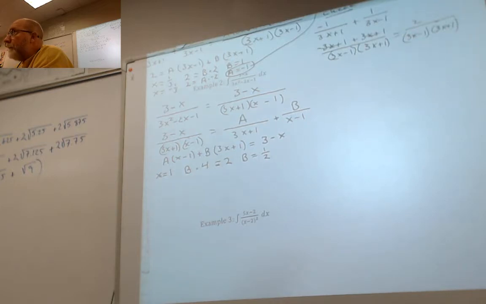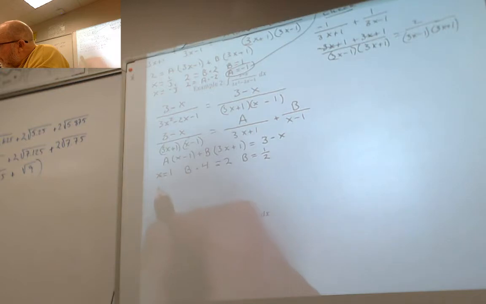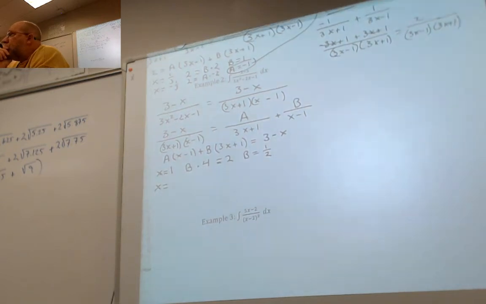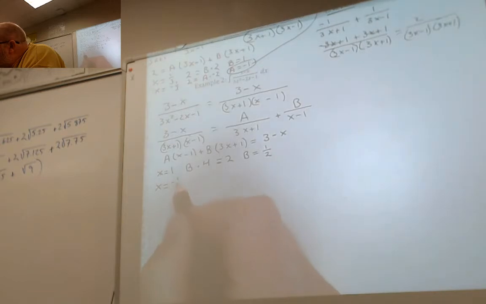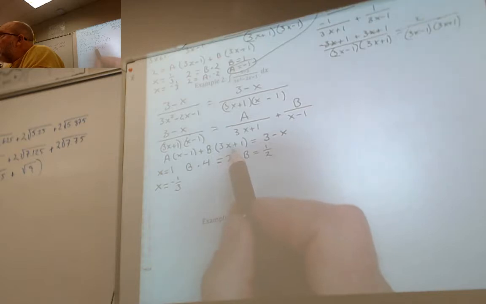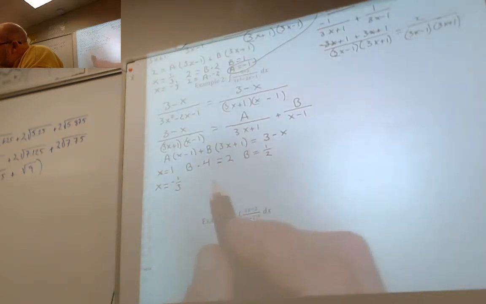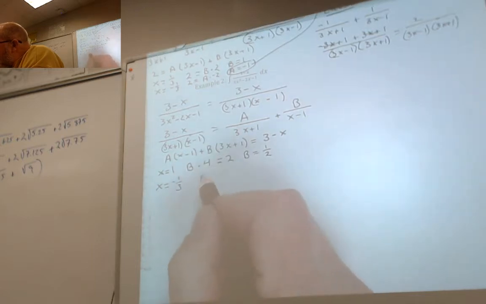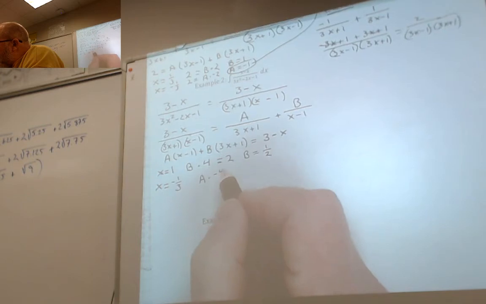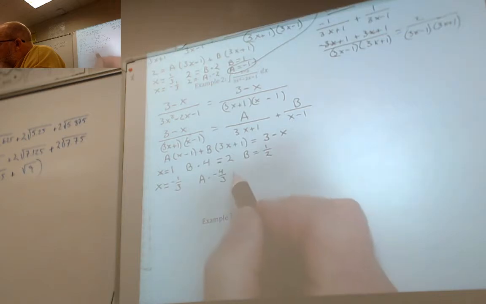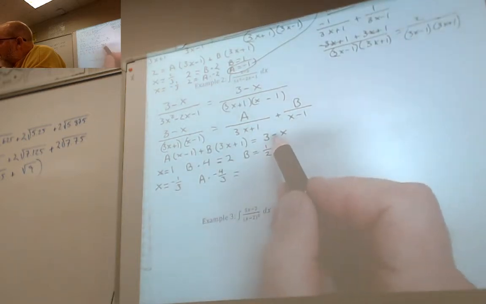Are we all right on that? Okay. So now, what do you suppose I'm going to choose for my next x? Negative 1/3. Yes, negative 1/3. And Carter, how did you get that? To get the b side to equal 0. Yeah, I want the b side to be equal 0, and if it's negative 1/3, then what I'm going to have here, if I plug in negative 1/3, is a times negative 4/3 equals 3 minus negative 1/3.